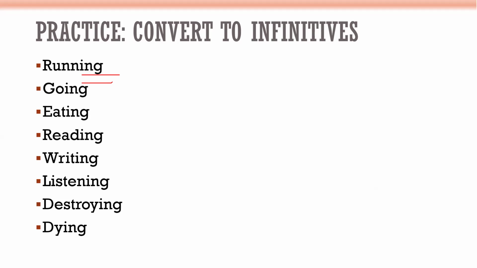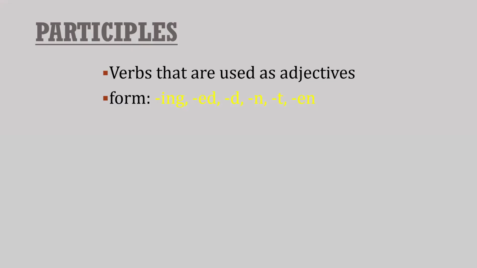Okay, now let's talk about participles, verbs that are used as adjectives. So, some of the verbs have ing, ed, d, nt, or en endings. But the confusing thing about participles is that may regular verbs, tas meron ding irregular verbs. That's the confusing part. What am I talking about?